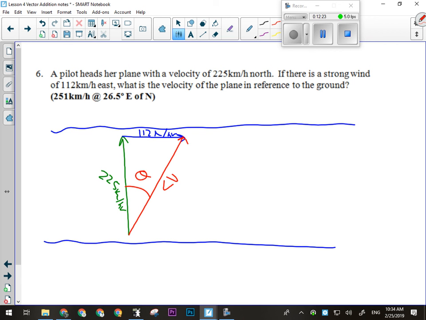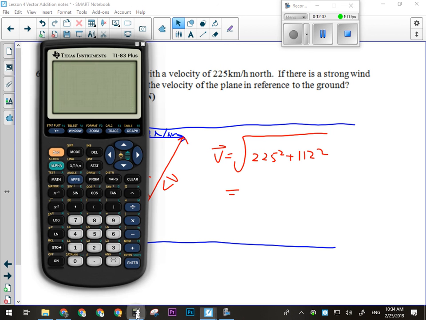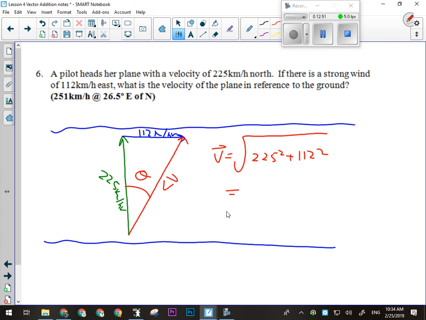To find the magnitude, obviously it's pretty easy. They're already perpendicular, so I don't have to do any components. I already have the components. So that'll be 225 squared plus 112 squared. All right, so my resultant velocity there is 251.33 kilometers per hour.